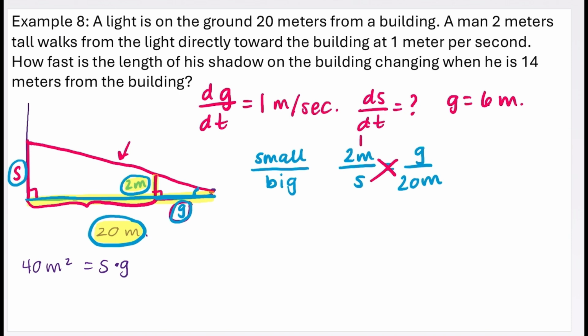So this proportion that I already had set up, I'm going to figure out what S is when G is 6 meters. So I'm going to have 2 over S equals 6 over 20. And then I'm going to cross multiply, so I'll have 6S equals 40.